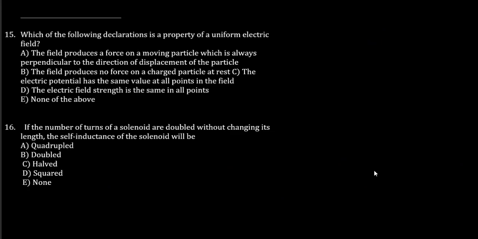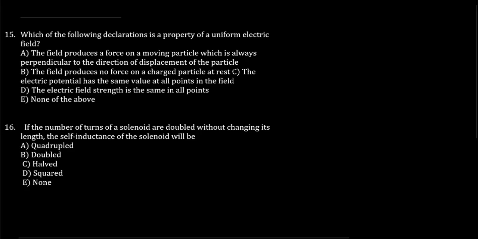Question number 15 reads, which of the following declarations is a property of a uniform electric field? A. The electric field produces a force on a moving particle which is always perpendicular to the direction of displacement of the particle. Not necessarily true, not always. B. The field produces no force on the charged particle at rest.